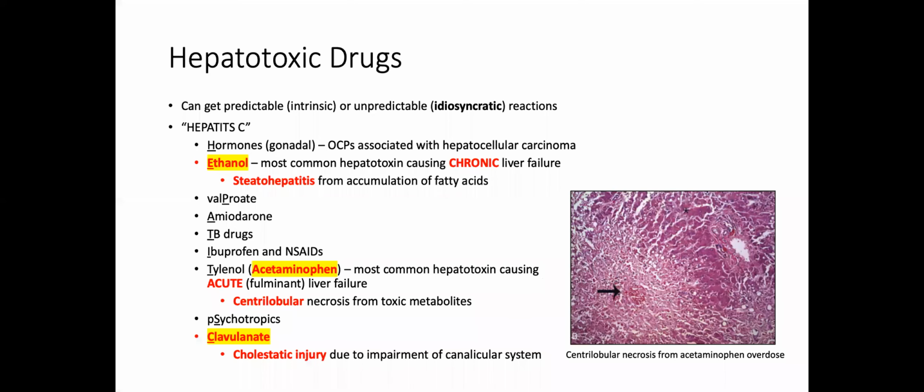Okay, we're going to go to drug and toxin-induced liver disease. Hepatotoxic drugs are going to be predictable intrinsic or unpredictable idiosyncratic reactions.